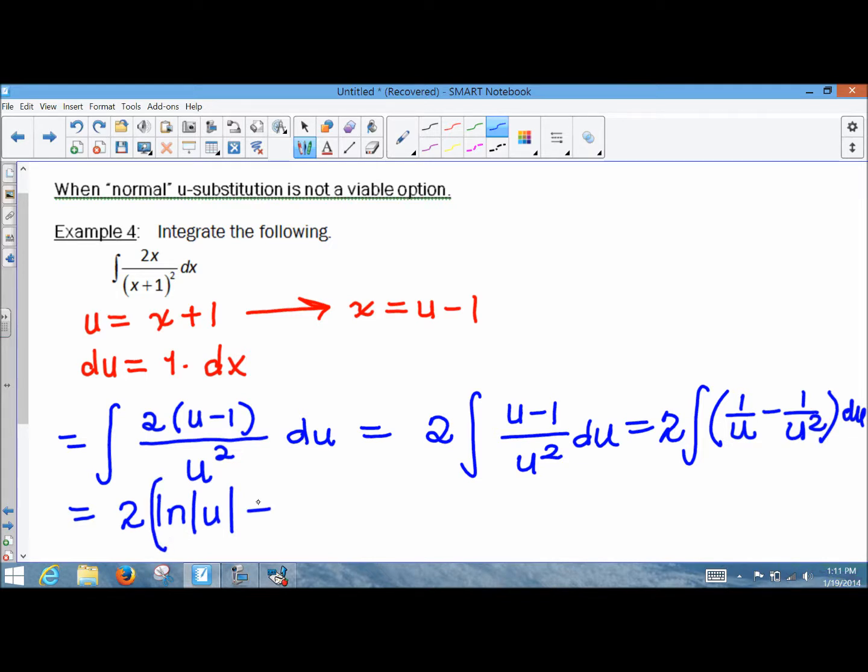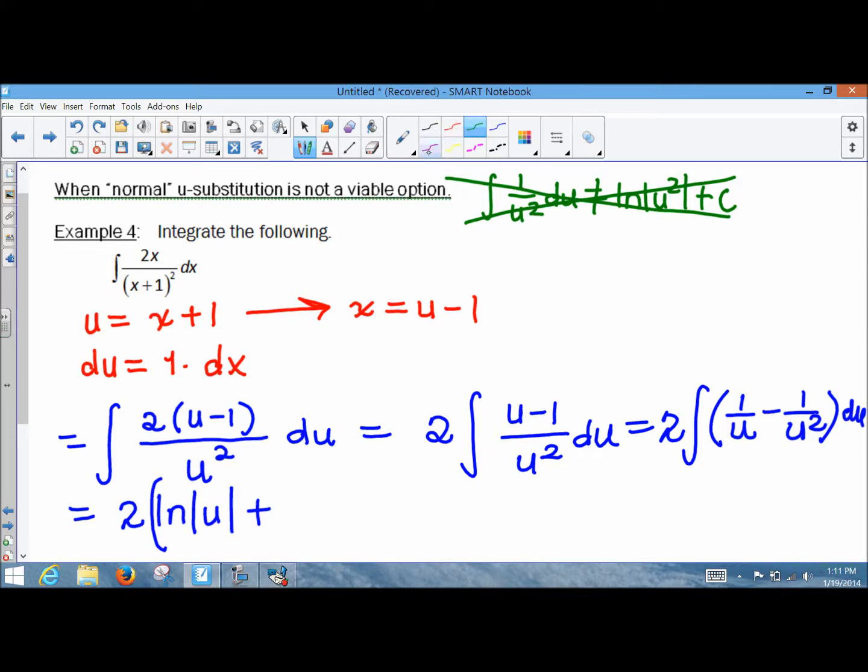And then we would integrate 1 over u squared. Now here we want to be careful. A very common misconception is that you can apply this integration formula in any scenario, and that just simply isn't true. In other words, this is nowhere close to being true, so you don't ever want to think about using that.